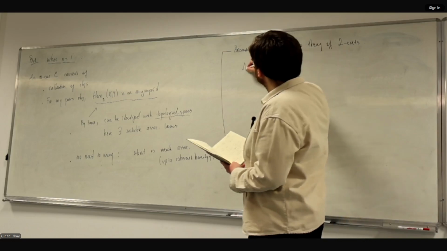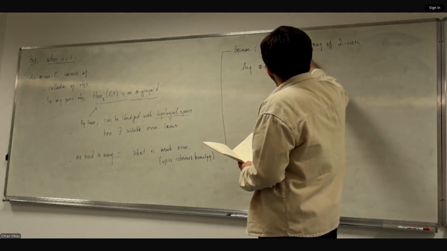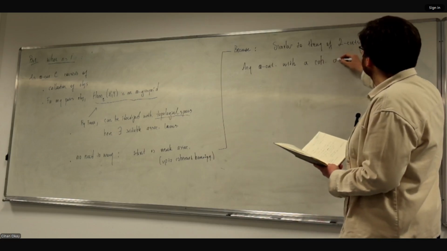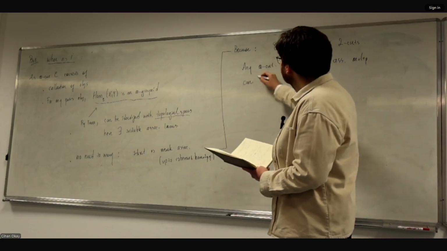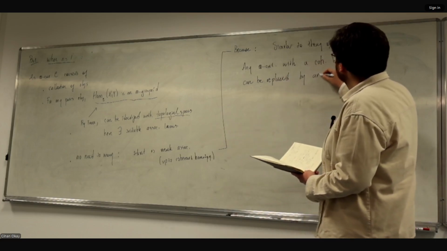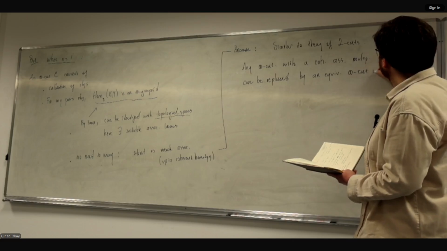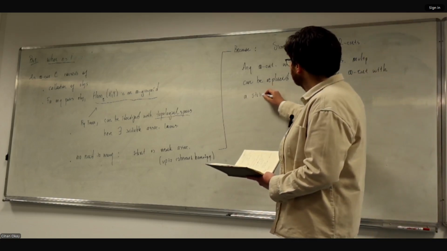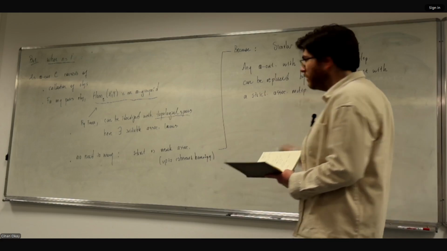So maybe I should write it down. Any infinite category with a coherent associative multiplication can be replaced by an equivalent infinite category with a strict associative multiplication.